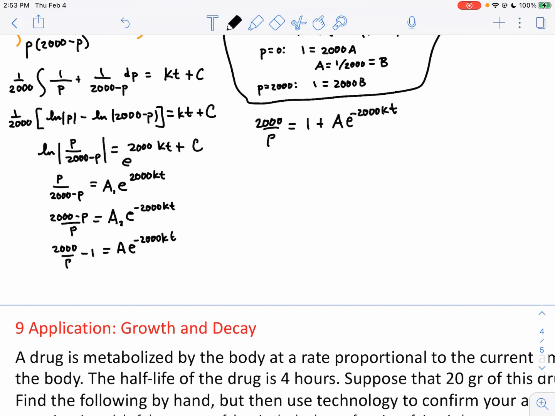Invert both sides. Now to invert both sides, I can't just invert this and invert this. Right? When you have a plus b and I say invert it, it has to become 1 over a plus b. It does not become 1 over a plus 1 over b. So be careful about that inversion here that we're going to do next. Inverting both sides, we have p over 2000 is equal to 1 over 1 plus a e to the negative 2000 kt.